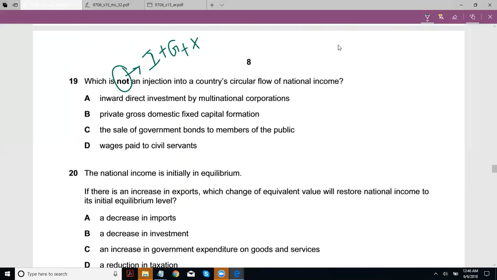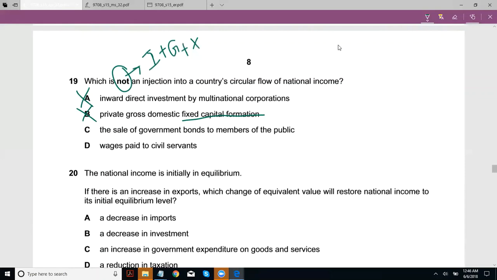So inward direct investment is an injection. Private gross domestic fixed capital formation, I guess if you're forming capital, that is also investment. Investment is basically the addition to capital stock. So if you're forming capital, that happens due to investment, so you can cross that out as well.